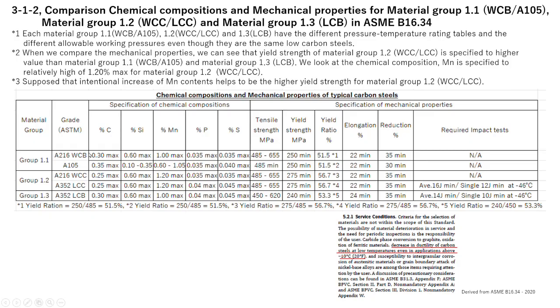So normal carbon steel WCB, A105, WCC is used for ambient, middle temperature or relatively high temperature service. So these WCB, A105, WCC materials cannot be used for low temperature.